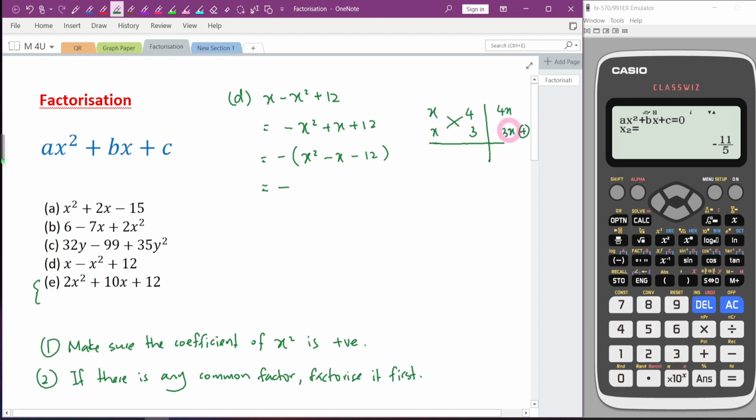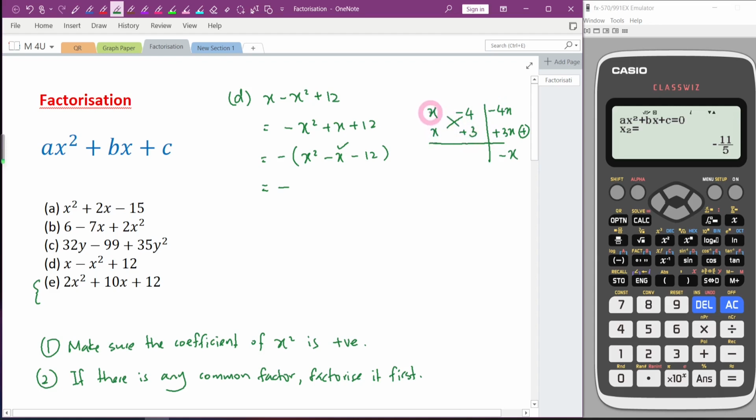These two add up together must be equal to negative x. Therefore, here I'm going to write negative, here I'm going to write positive. Negative 4x plus positive 3x, which will be equal to negative x. Correct. This is positive, right? So the sign here will be very easy to determine. Negative here, copy. Positive here, copy.